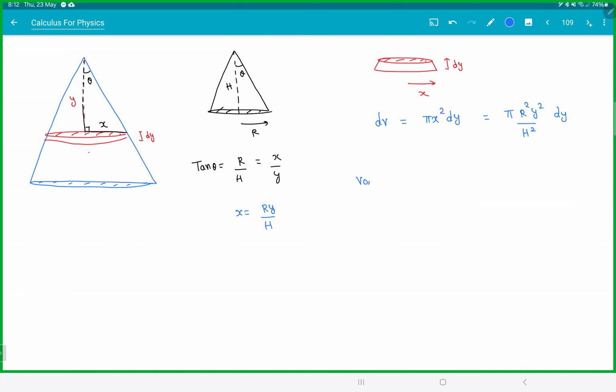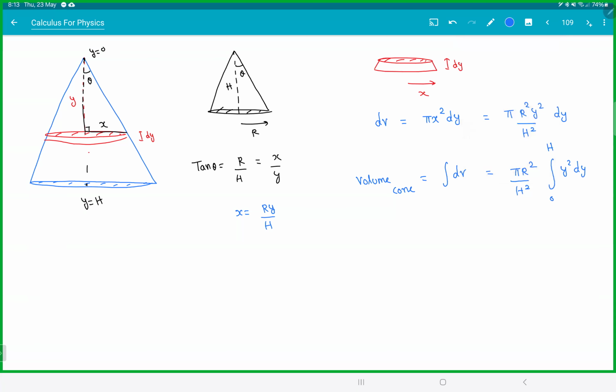So what is the volume of the cone? Add all the small volumes, which is pi r square by h square integral y square dy. What is the value of y? At the topmost point, y is 0. If you keep coming down, y is h. Where is the last disk? At the bottom, y is equal to h. So the limits will go from 0 to h.